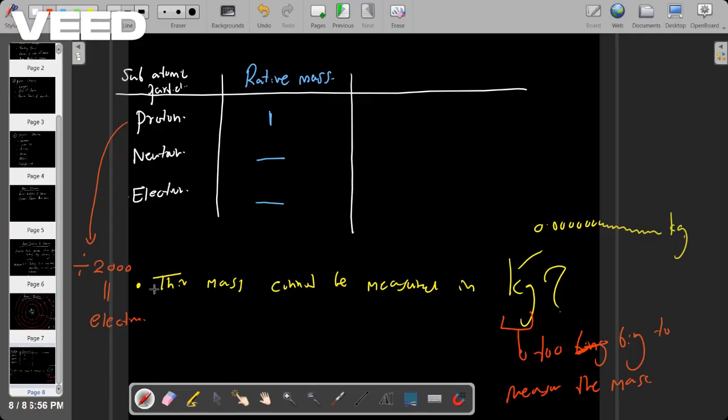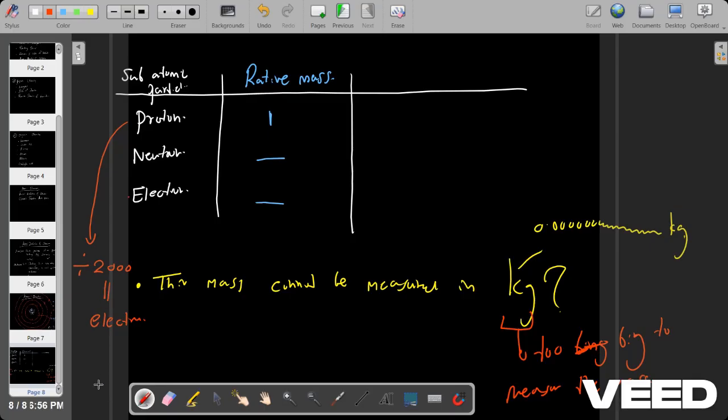Now, the relative mass of a proton is 1. It is always 1. Now, compared to this proton, what is the mass of a neutron and an electron? I will tell you again, the mass of a neutron is equal to the mass of a proton. The mass of an electron: when you divide the proton into 2000 parts, each part has the mass of an electron.